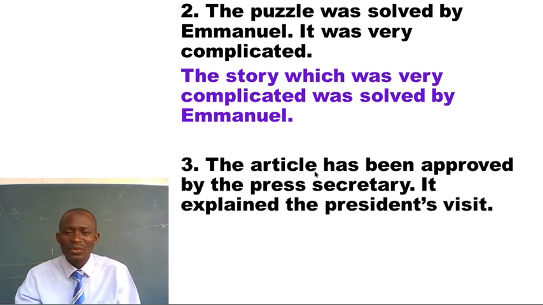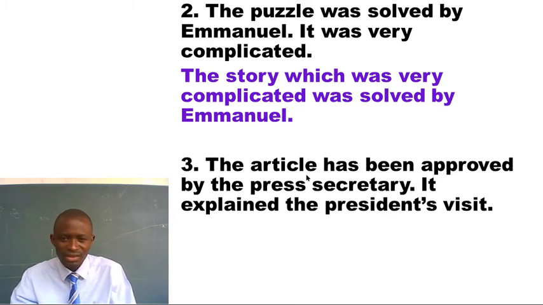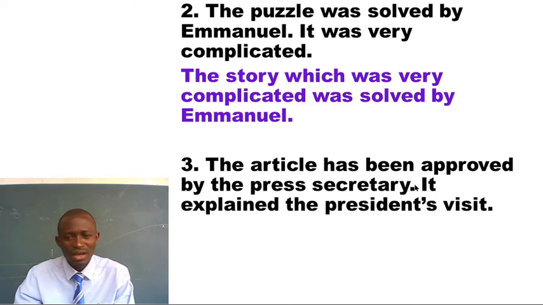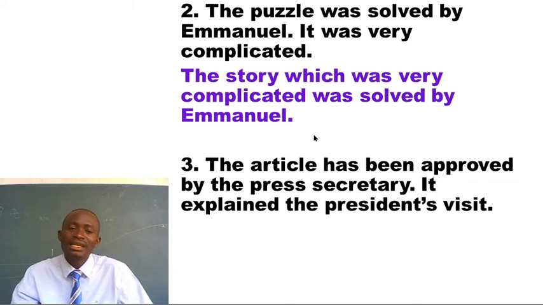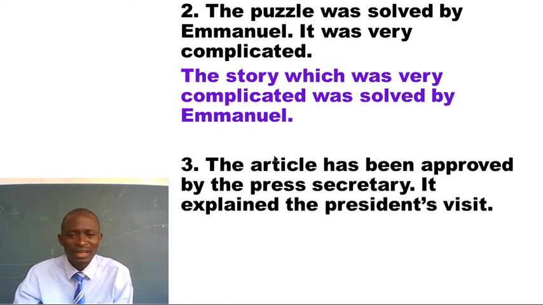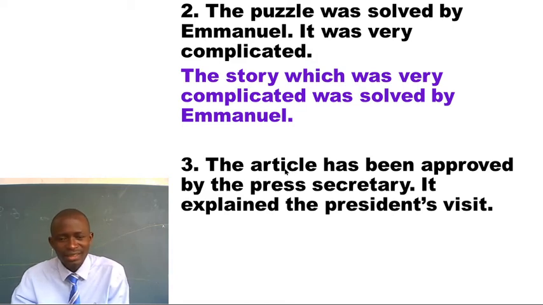So here, when we want to join this to make only one sentence, because we have two phrases here, we want to make a complete sentence without a full stop in the middle. We shall need the conjunction which, because we're dealing with objects, things. So the answer will be, the article, which is our object.